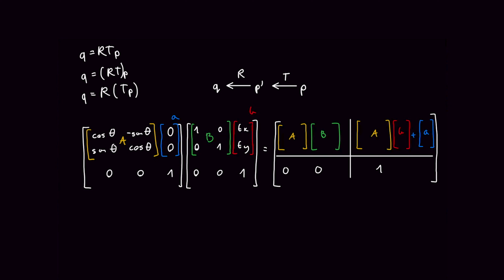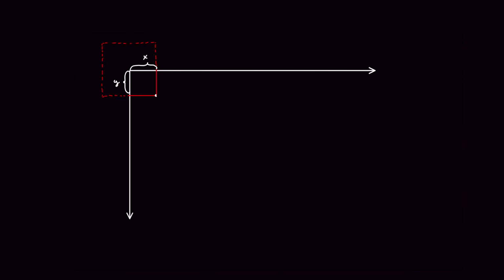But we need to understand two more concepts before that. The first one is converting between coordinate systems. Let's draw a rectangle centered at 0, 0. Suppose the rectangle crosses the horizontal axis at x and the vertical axis at y. That means the bottom right corner of the rectangle is at x, y.